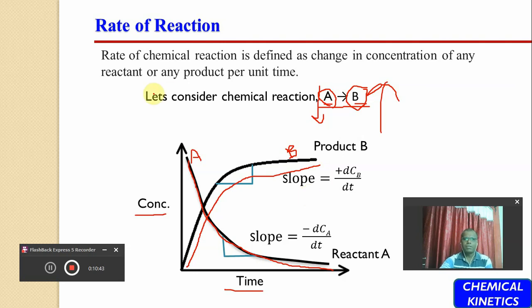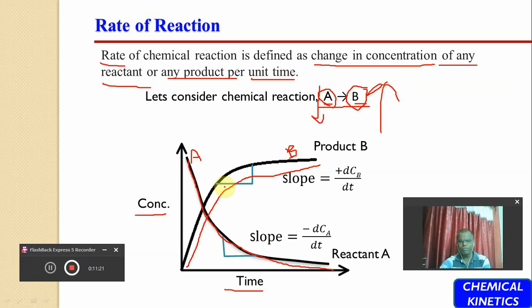Based upon the same, the rate of chemical reaction is simply defined as the change in concentration of any reactant or any product per unit time. It is also called the increase in concentration of product per unit time, or sometimes it is defined as the decrease in concentration of reactant per unit time.